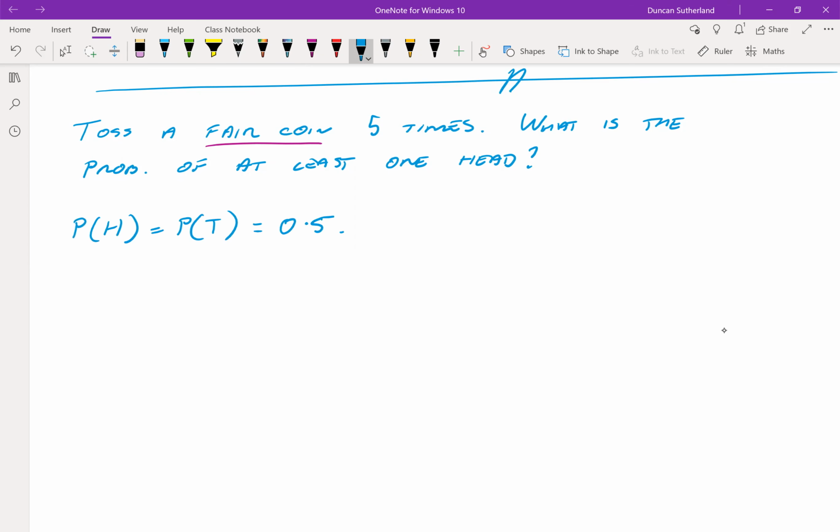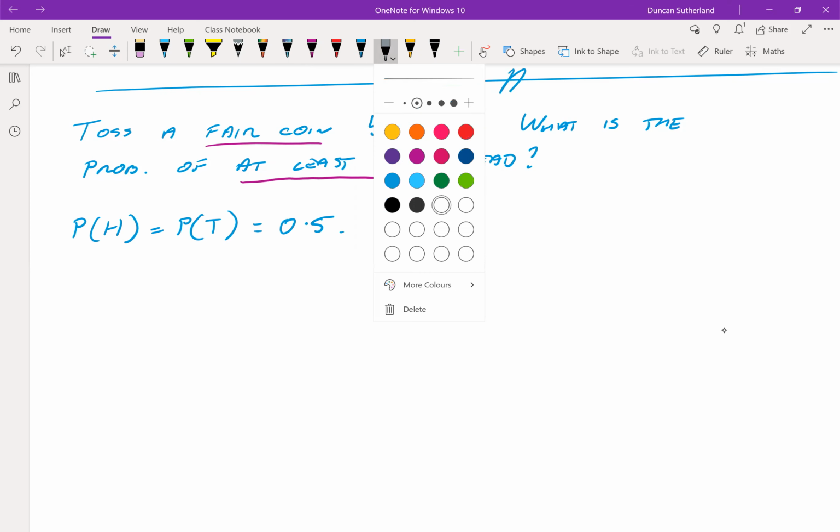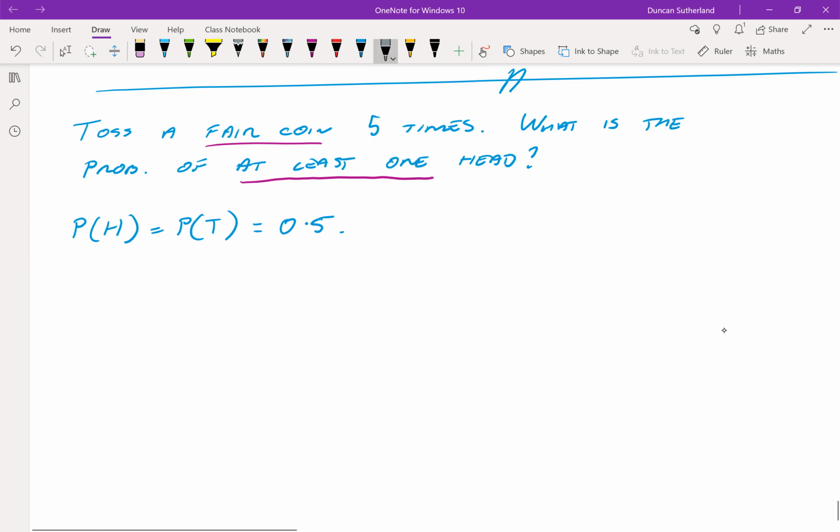All right, so what we're after is the probability of at least one head. Now, that's actually quite difficult because we're doing this thing 5 times. So possible outcomes are head, tail, tail, tail, head. That's one possible outcome.